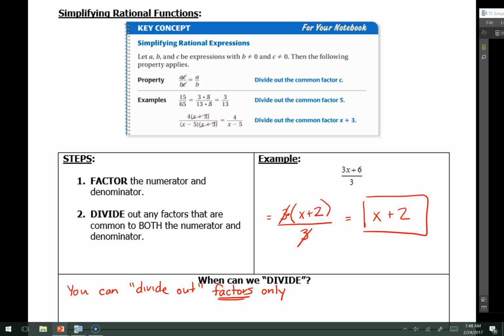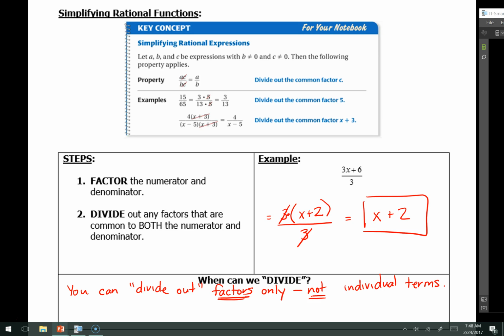What this means is we cannot divide out individual terms. So for example, in this problem that we just did, I can't do 6 divided by 3 is 2 and leave it as 3x plus 2 because that denominator is a common denominator for both of those terms in the numerator.